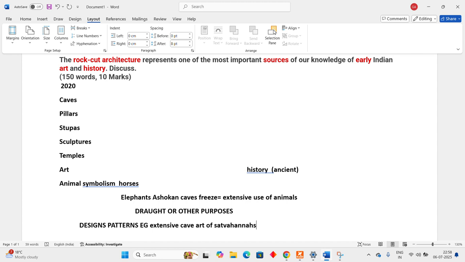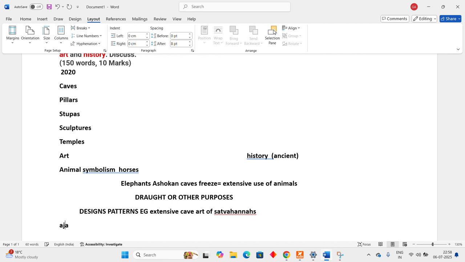Satavahanas had very extensive cave art. Also, Ajanta was built on the steep side of the slope, on the steep side of a mountain. This equals high skills.